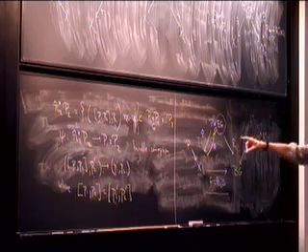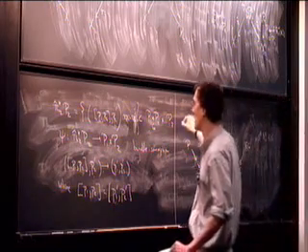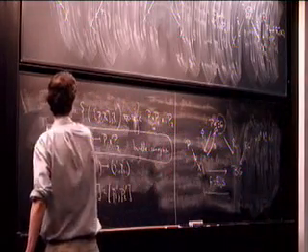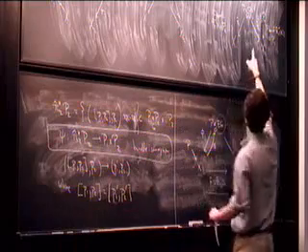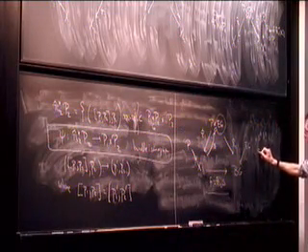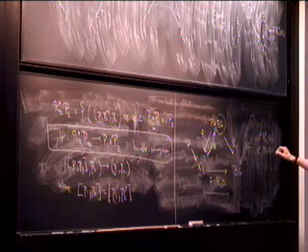Now I use this property here. So this is isomorphic to P times EG, thought of as a principal G bundle over P cross G of EG.